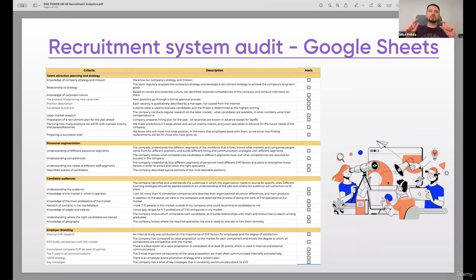So you go to this checklist, and this checklist covers all these parts like talent attraction planning and strategy, personnel segmentation, candidate audiences, employer branding, and so on. So you just need to read the description, make sure you have this in place in your company and you check the box.